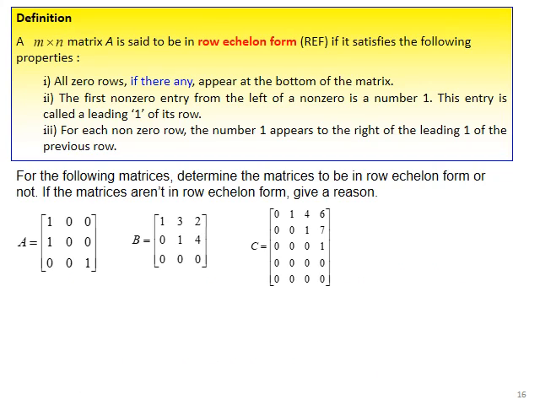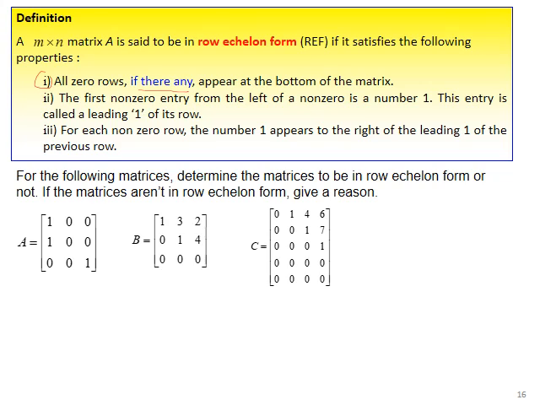Now, row echelon form happens when we satisfy 3 conditions. The first condition says, have a look, all 0 rows, meaning rows with 0 elements, no numbers, if there are any, because sometimes there is no 0 row and it could still be row echelon form.